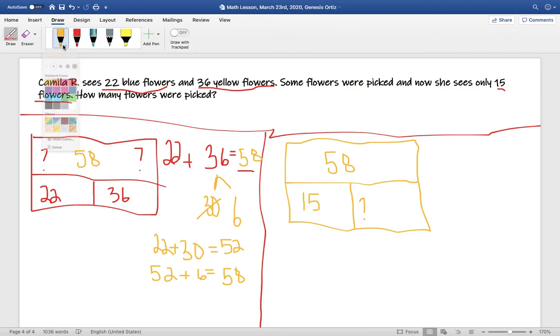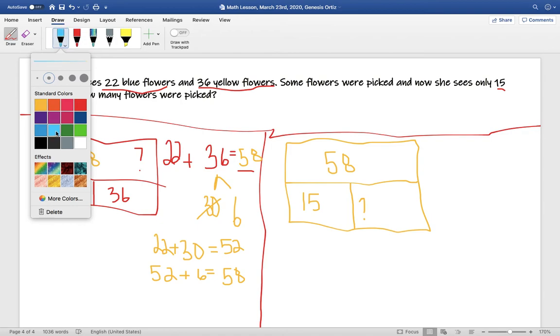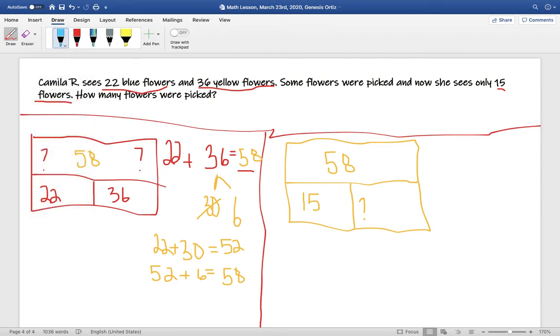So I'm going to go ahead and change my colors real quick because I like blue. And my new equation is big number, whole, 58 minus 15 equals blank.